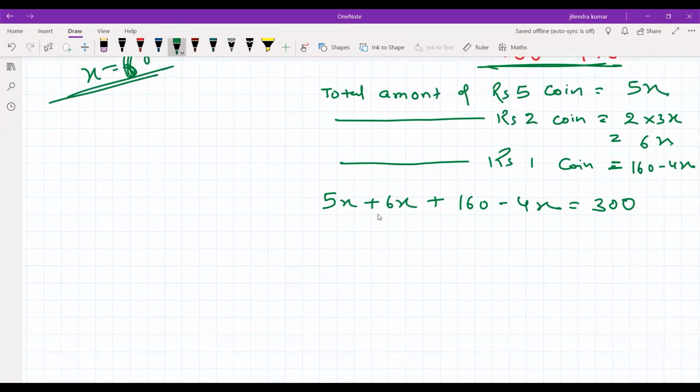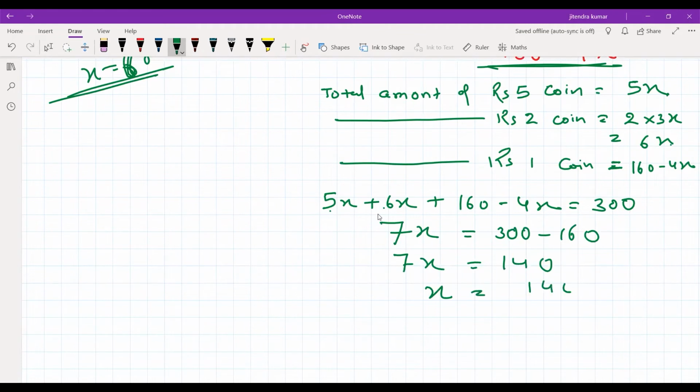So if we add these two, we will have 11x minus 4x, that will give us 7x, and this is equal to 300 minus 160. So 7x is equal to 140. So I'm not getting 60 here. I'm getting 20 here.